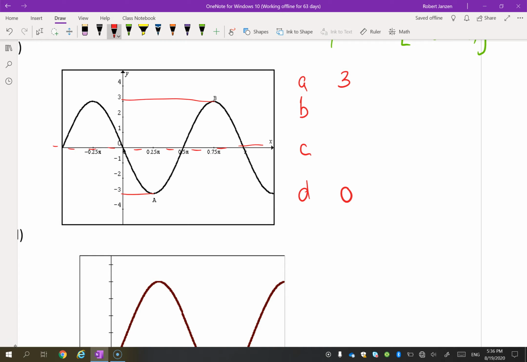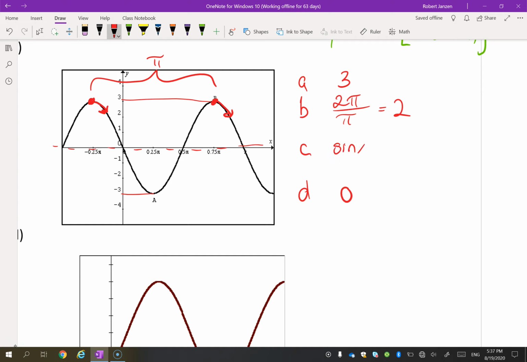It doesn't really matter where you start as long as you go back to the original spot. If we wanted to start here at the peak and go down, where does it go down again? What is this period? Well, -0.25 pi plus 3/4 pi is exactly pi. So my B value will be 2 pi divided by pi, which again is 2.